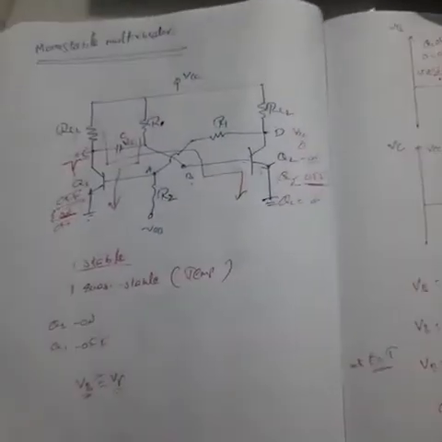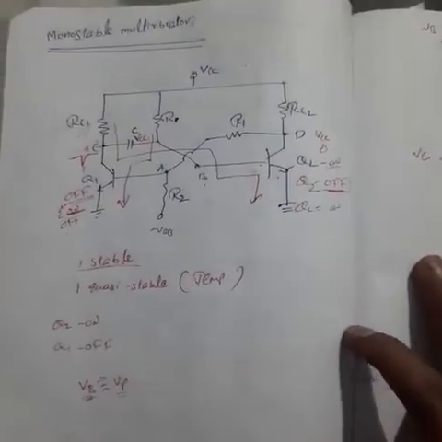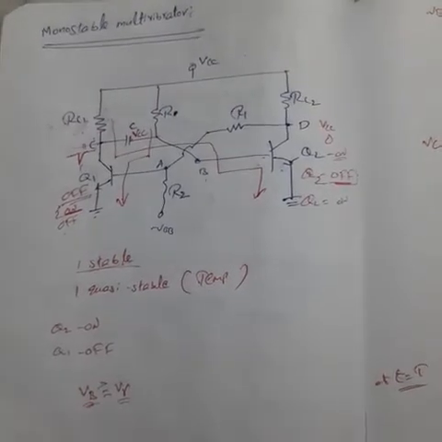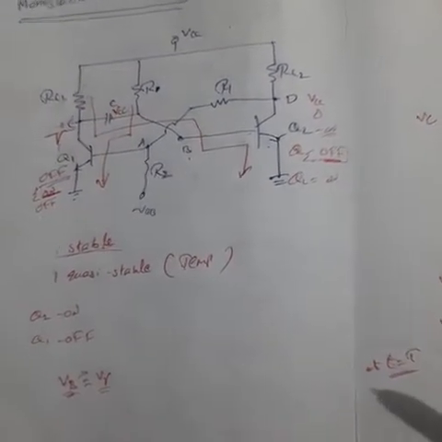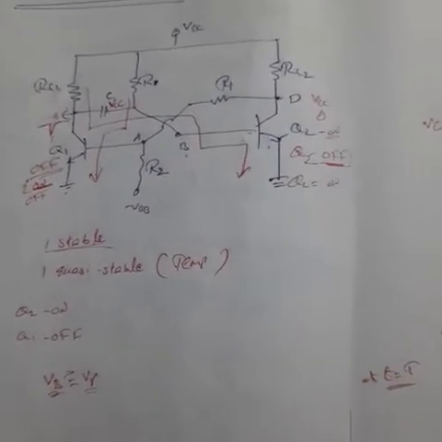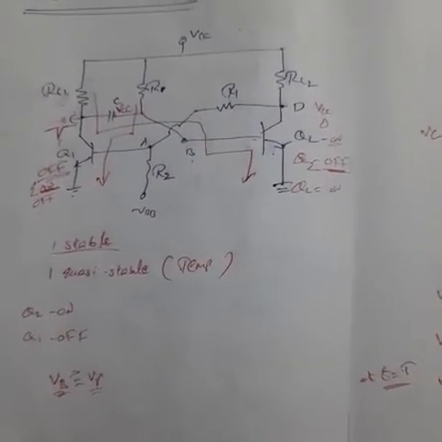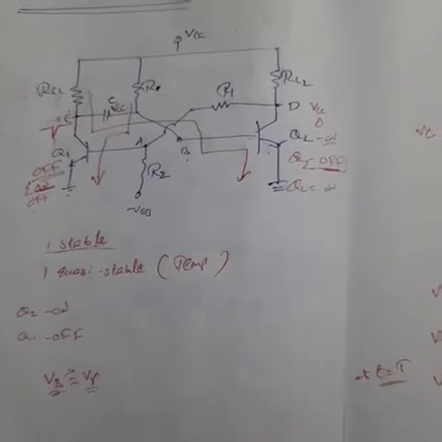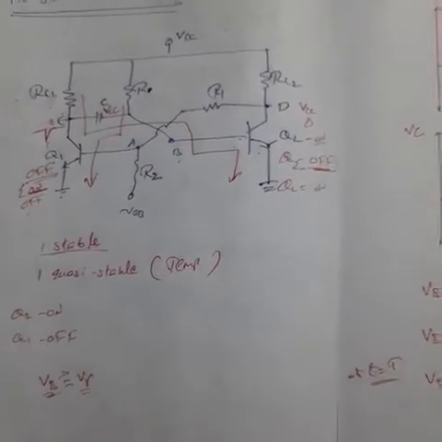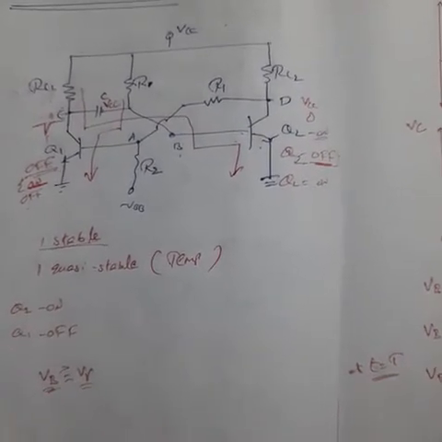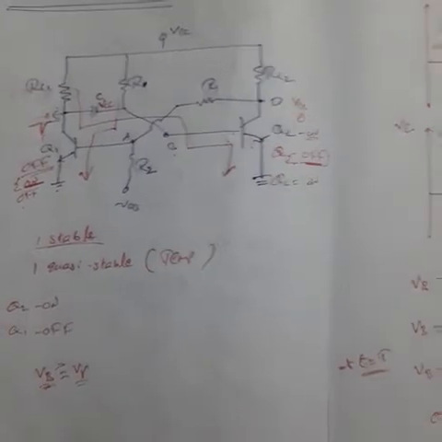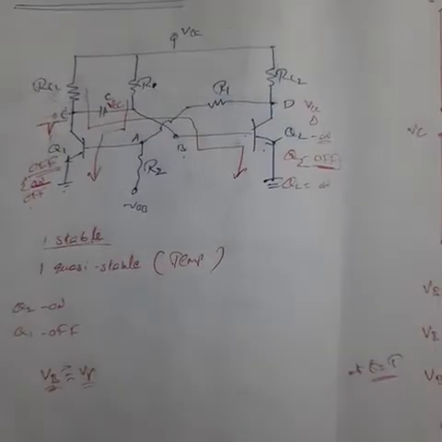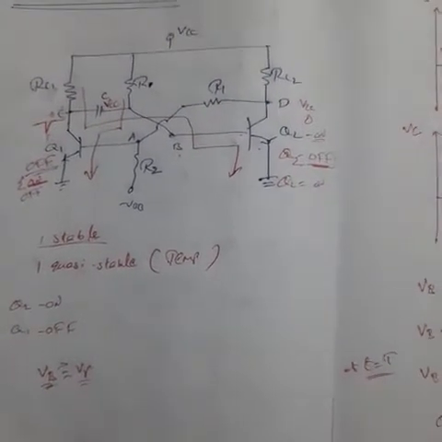Okay, this is about the monostable multivibrator. A simple operation: in the monostable multivibrator, one state is stable and the other is quasi-stable. In the stable state, Q2 is permanently on and Q1 is off. Whenever a negative trigger pulse is applied at the output of Q1, then Q2 enters the off state and Q1 enters the on state, but only temporarily.